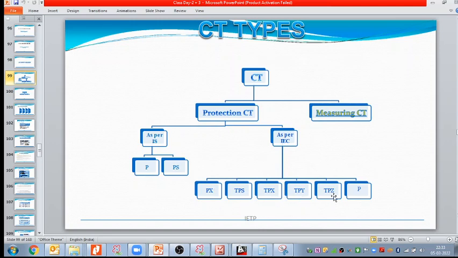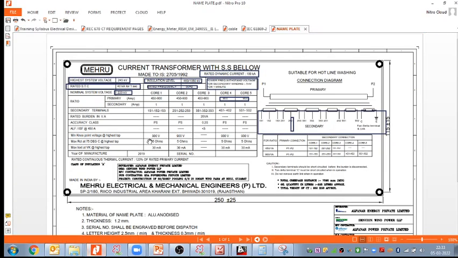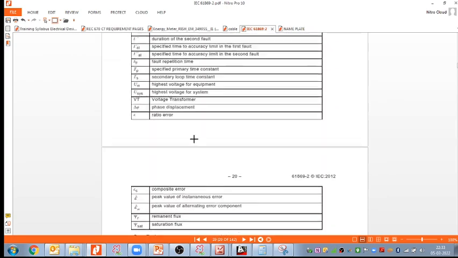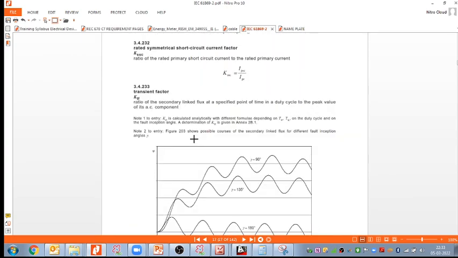Where we use TPX, TPY and TPZ, you can refer to IEC 61869, where you can understand where we use X, Y and Z CT. In the IEC, TPX, TPY and TPZ are mentioned and their definitions are also given.